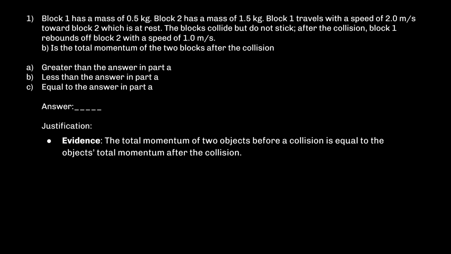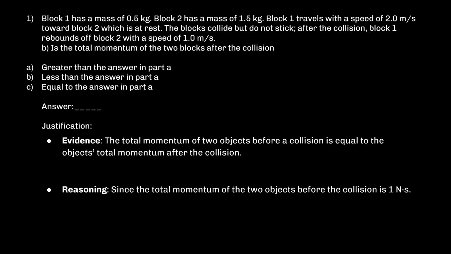Then our reason is going to be, since this is happening in this situation, we know from part A that the momentum of the system was 1 newton times seconds.